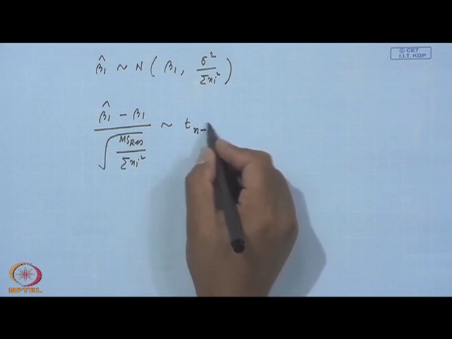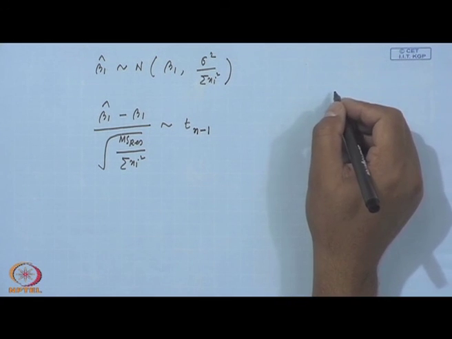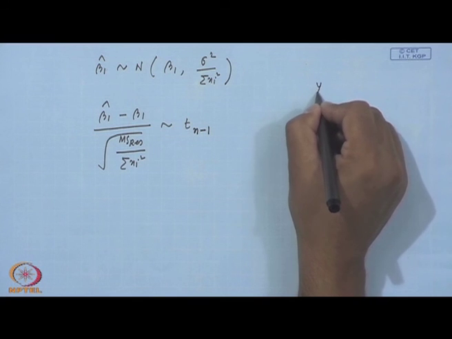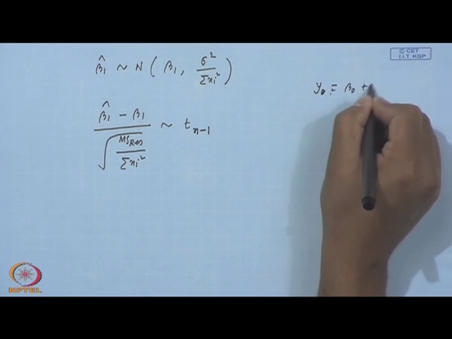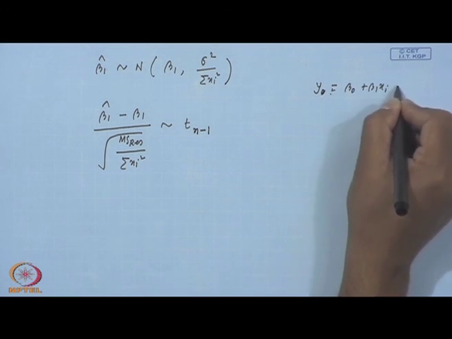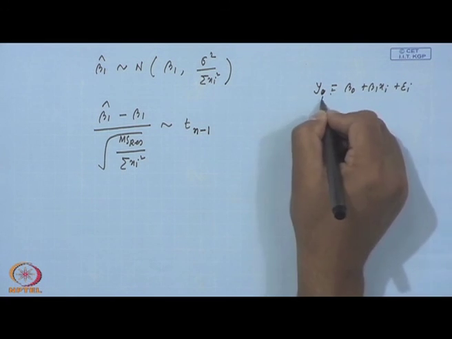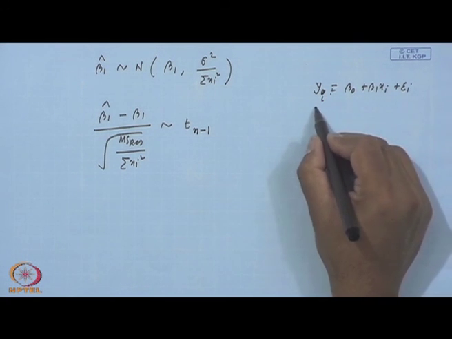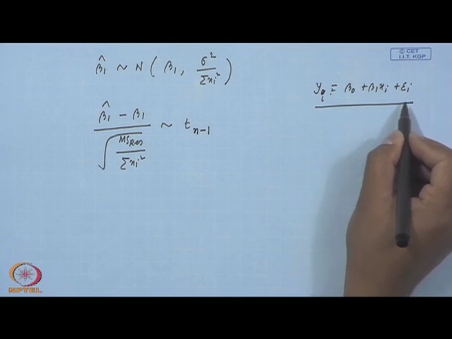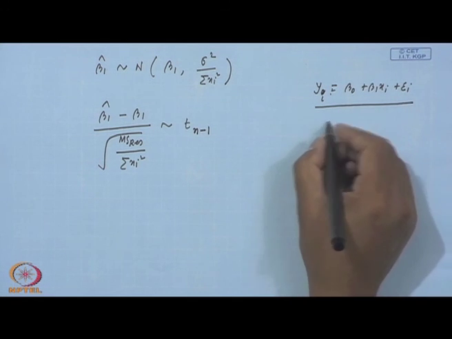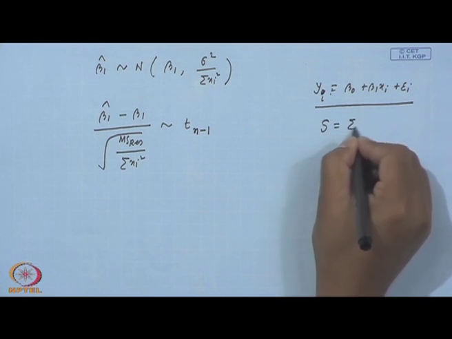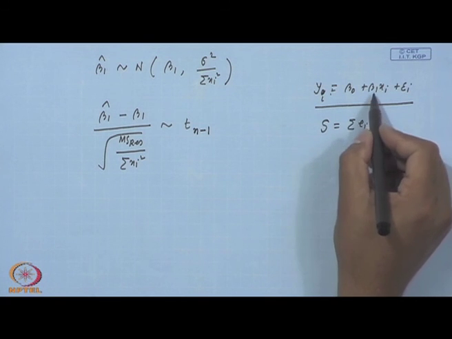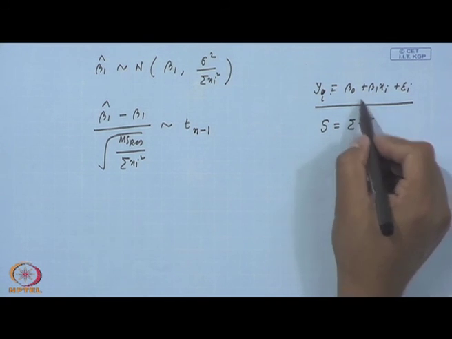This is the residual degree of freedom, and you should understand that here the model is y equal to beta naught plus beta 1 x_i plus epsilon_i. So y_i is this, and while minimizing this least square function S, which is equal to the sum of e_i square, we differentiated it with respect to beta 1 only.